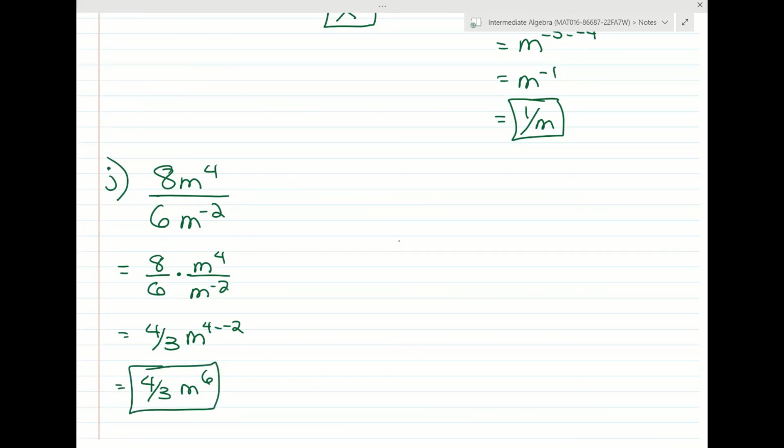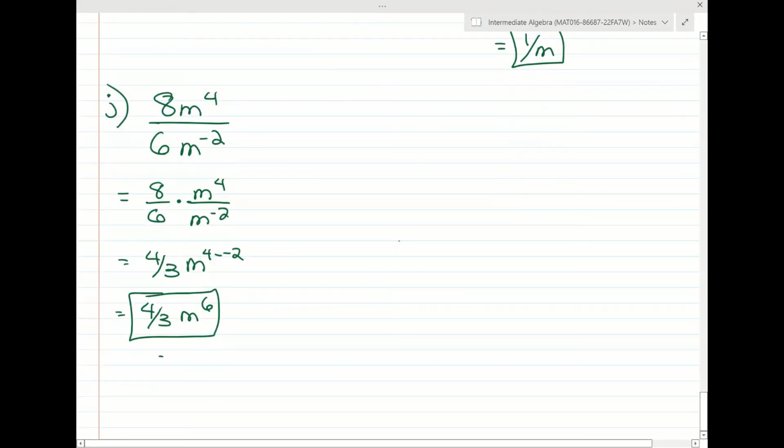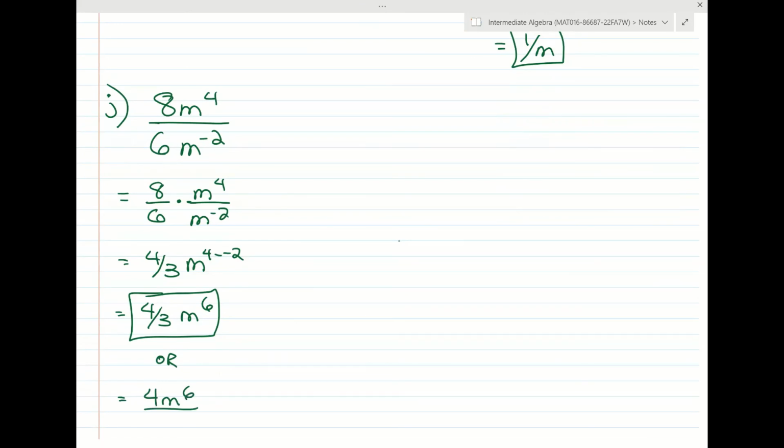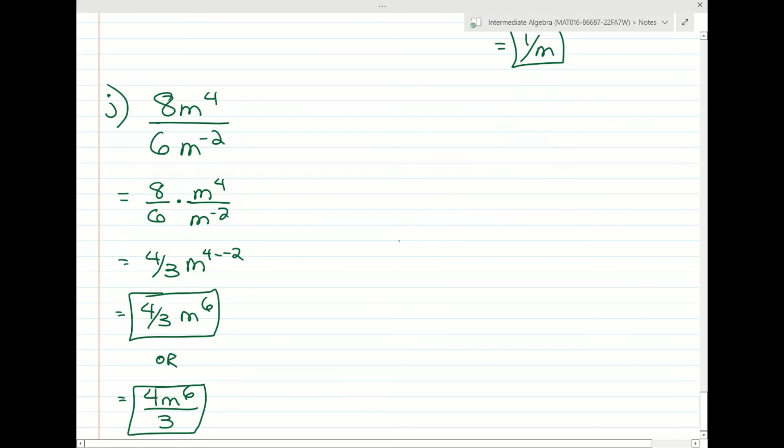And that's a good answer. You could write it like that, or you could write it 4m to the 6th over 3. It doesn't matter, they're both acceptable. And people probably just leave it as that first one most of the time, but either one is fine.